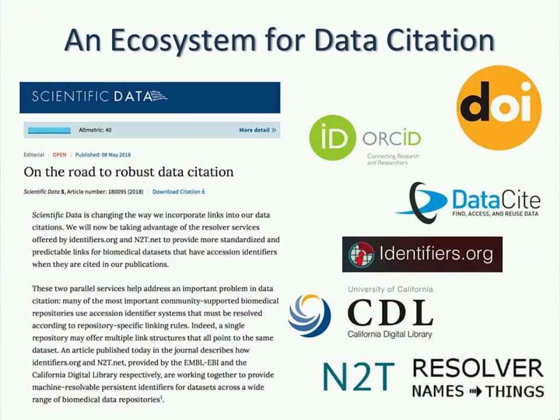One of the big differences with data is that not all data repositories issue DOIs, these digital object identifiers. The data space is a little more diverse, so a lot of databases also use accession numbers. PubMed is a good example. You see people say PMID colon something, right? That's the accession number within PubMed for a paper.